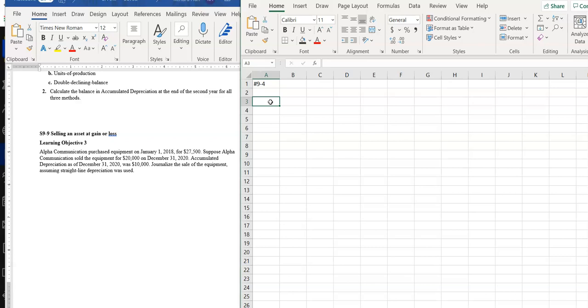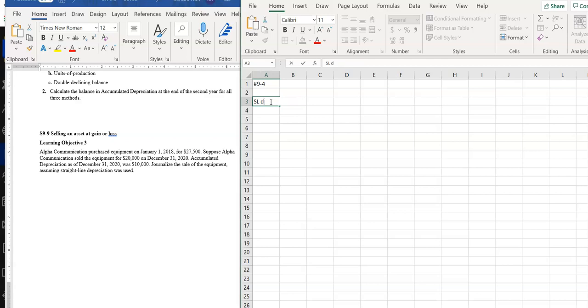Okay. I'm guessing they didn't do depreciation at December 31st of 2020 yet. Okay, so anyway, let's figure it out. So straight line depreciation is going to be $27,500 minus... well, it was $5,000 a year, so I'm assuming it's 25.